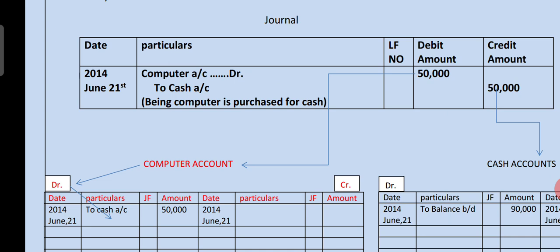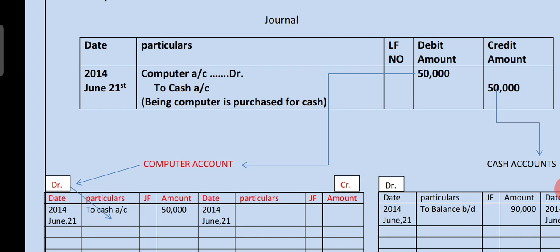So what we did here: first we came to the computer account, and from there to the debit side of that account. Why do we come to the debit side? Because the computer account is written as a debit entry.